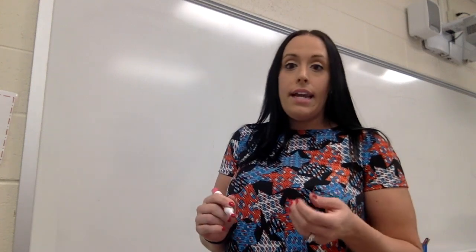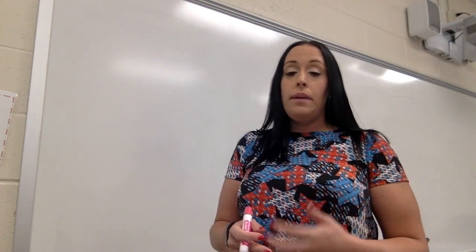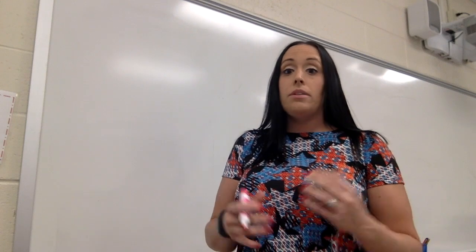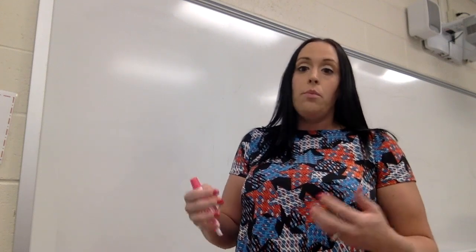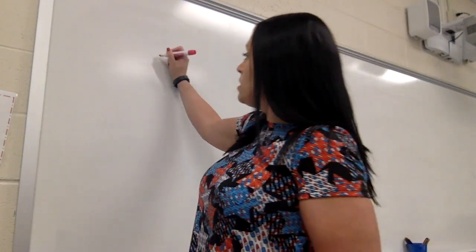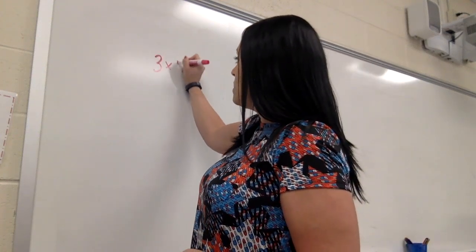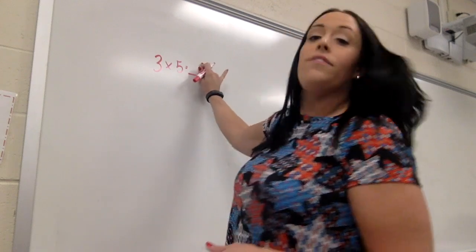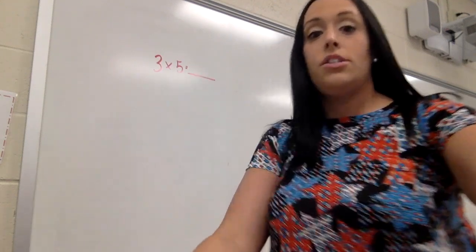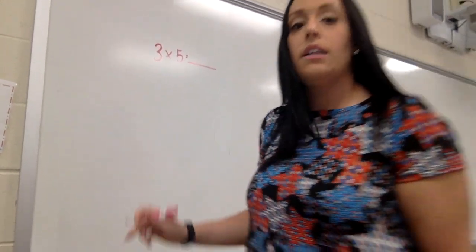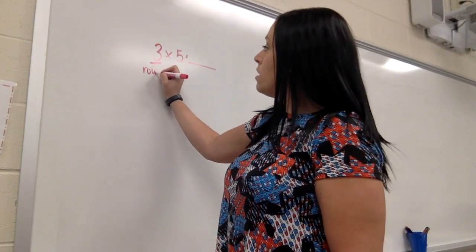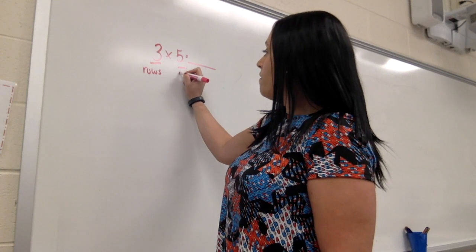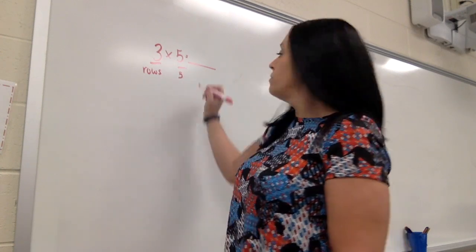Now, as I said, an array creates equal groups in columns and rows for the students to be able to visually count the number of items in each group to come up with the total. So using the multiplication number sentence 3 times 5, in order to find the product, what I teach the kids to do is to draw 3 rows with 5 in each row.